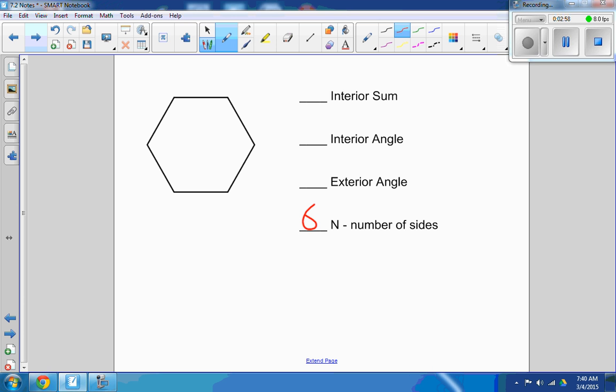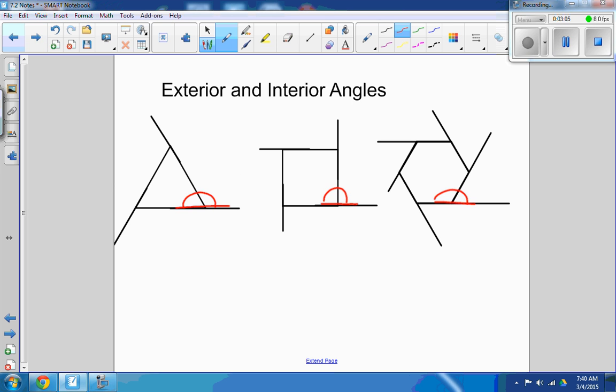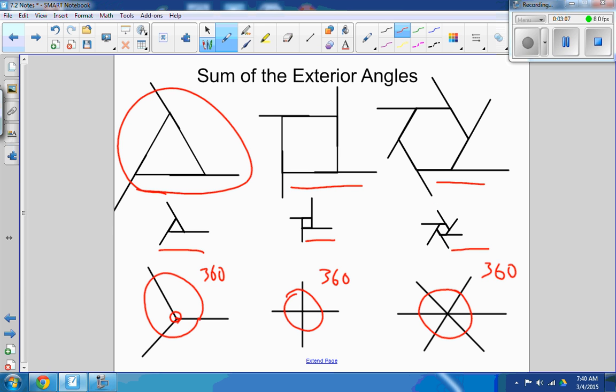Now the exterior angle is easy to calculate. We can go back here to figure out how to calculate the exterior angle. We know they all add up to 360. On a triangle, how many lines are there? 3. So 360 divided by 3 is 120. 360 divided by 4, 90.